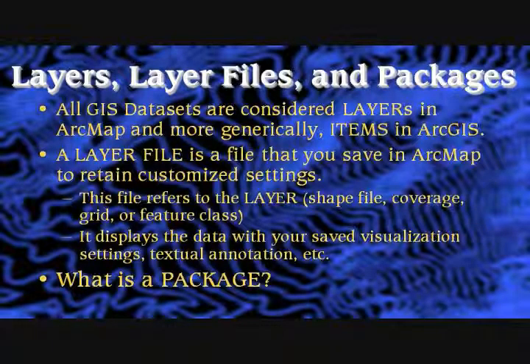So let's say, for instance, that you have a roads layer for the state of Idaho, and you've spent some time setting it up so that it looks very, very good. You have the roads designated, they look different. Different symbology perhaps is used for city streets versus county roads, state highways, U.S. highways, interstate highways.